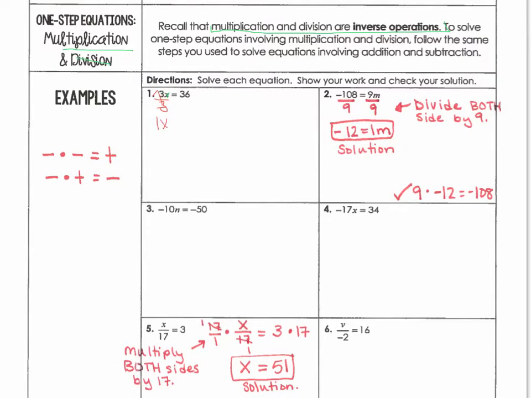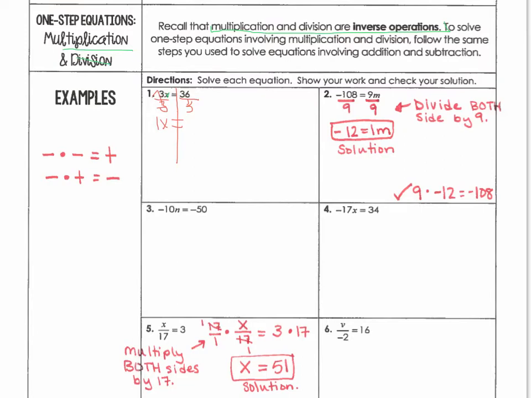Same as our last video, whatever I do to one side of that equal sign, I have to do the same thing to the other side. So if I divide by 3 on the left, I have to divide by 3 on the right. Now we have to take 36 divided by 3.